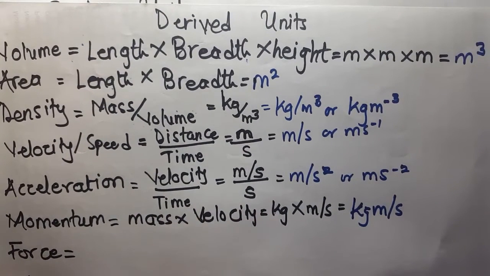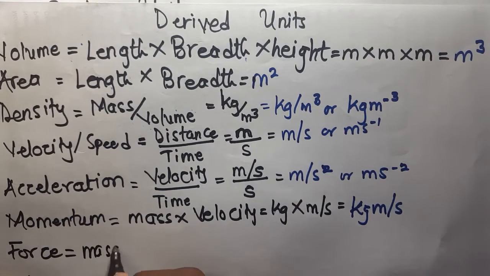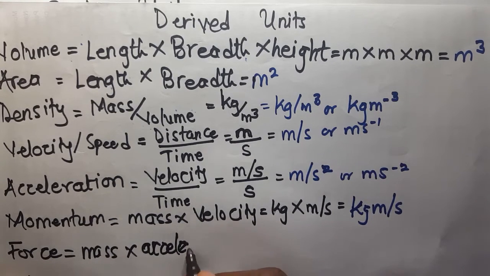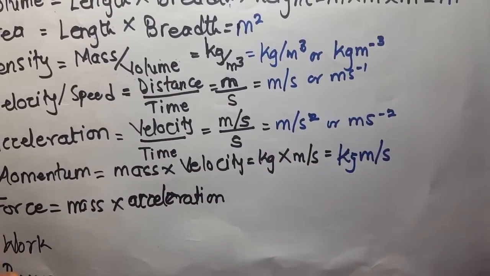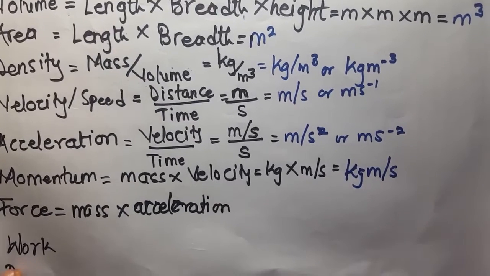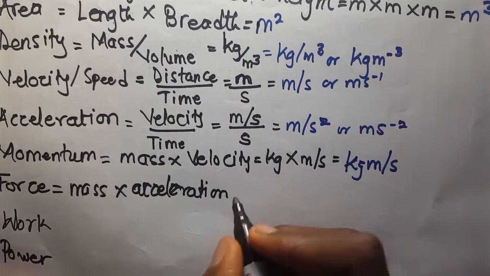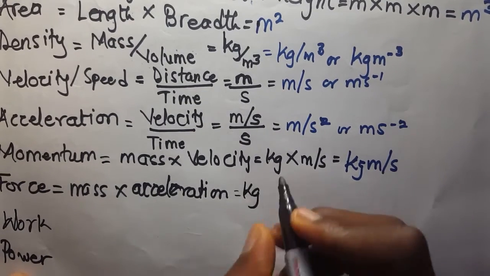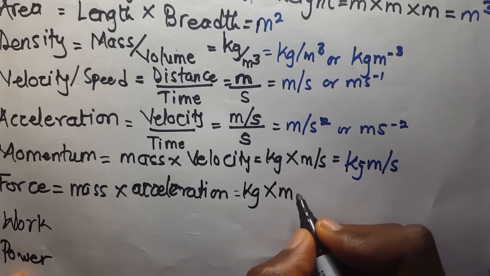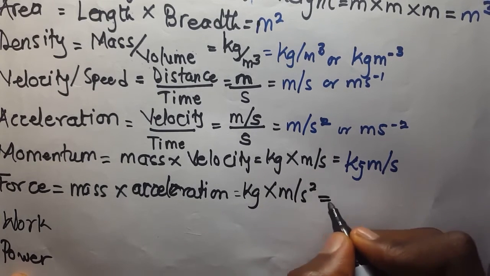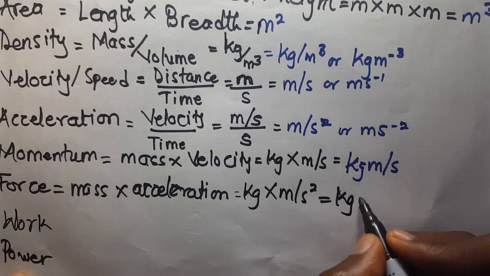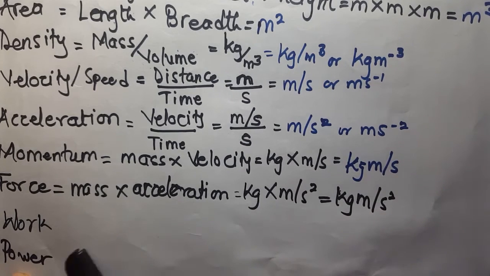So force is mass times acceleration. The unit for mass is kilogram, so kg times acceleration, which is m slash s squared, equals kg m slash s squared.